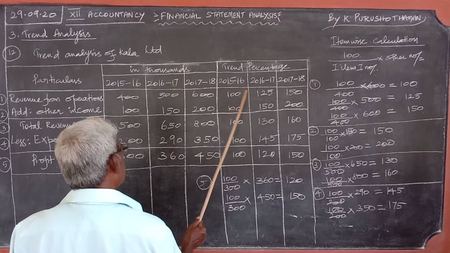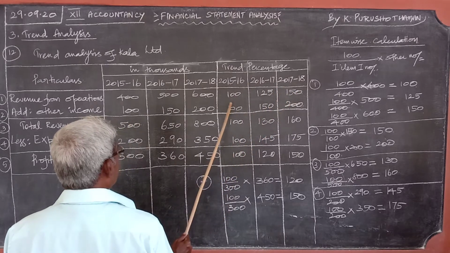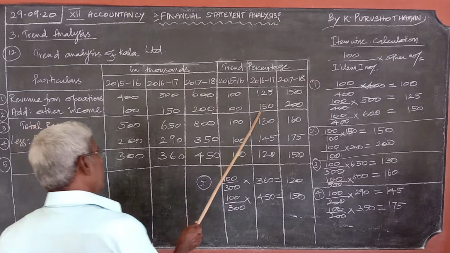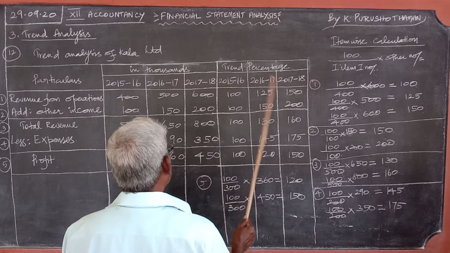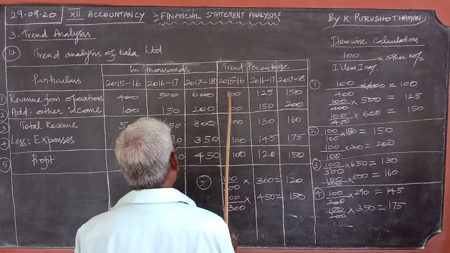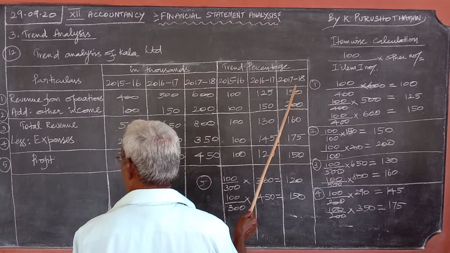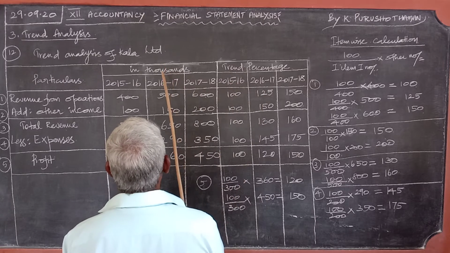The first year is 100, the second year 125%, the third year 150%. Other income: first year 100, second year 150%, third year 200%. So the other income has doubled by the last year, and this shows the trend of the business.